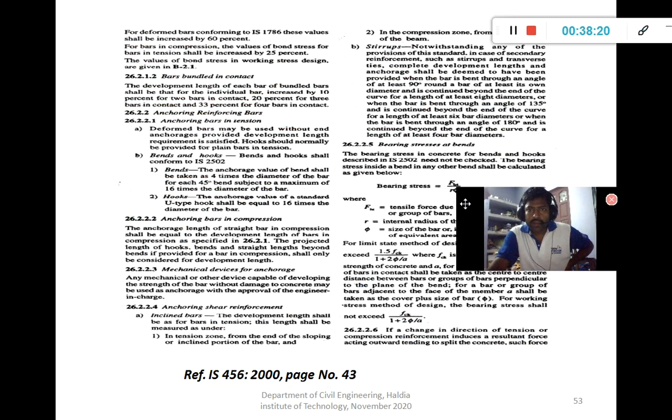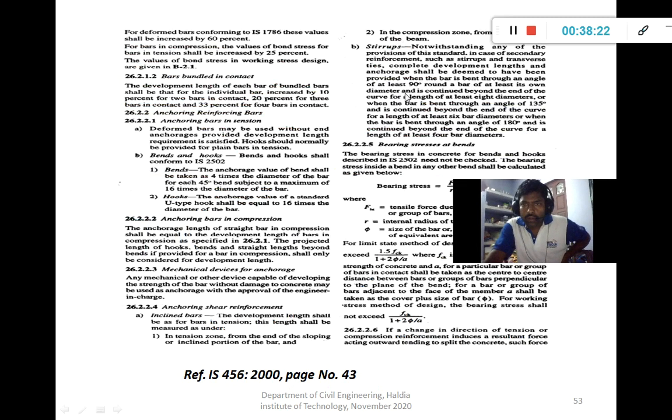So here the anchoring guidelines are given. You see that here the different anchorings are made. You see that at least 6 bar diameter.